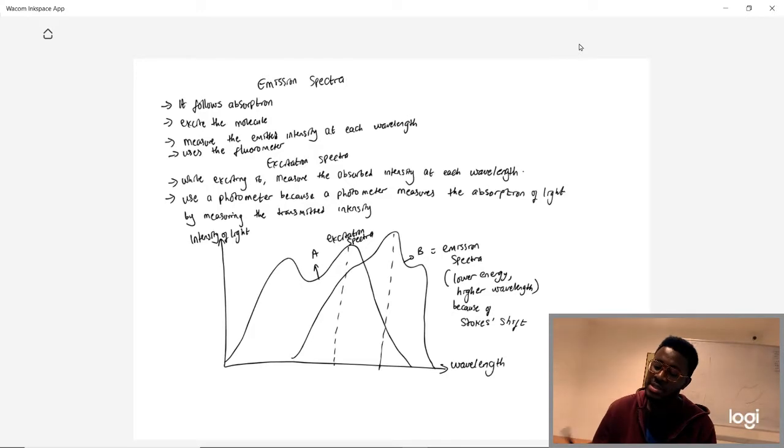So we have talked about one fluorescent parameter, which is the spectral distribution. The next is going to be the photon yield. So what is photon yield?